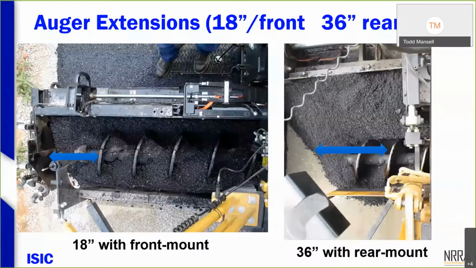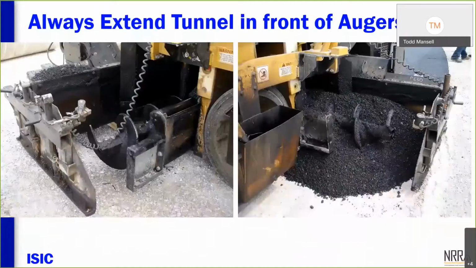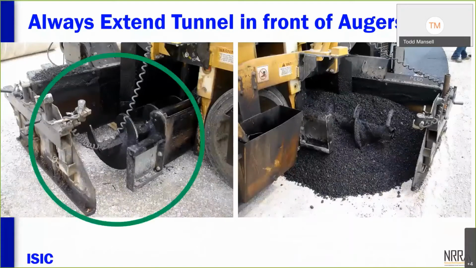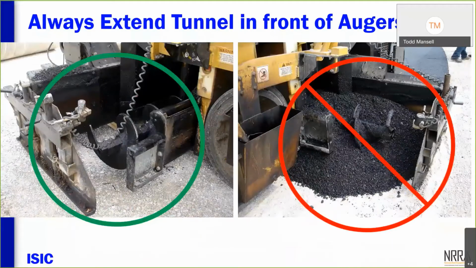But regardless, we always want to have tunnel extension, whether it's hydraulic and then bolt on, to get it out even further in front of those augers. So we don't want to see what we've got on the right side of the screen there.